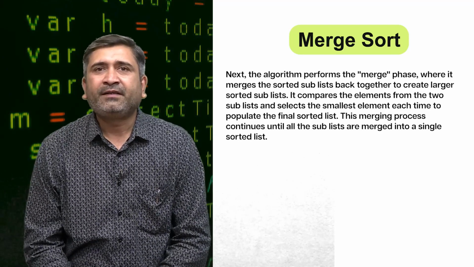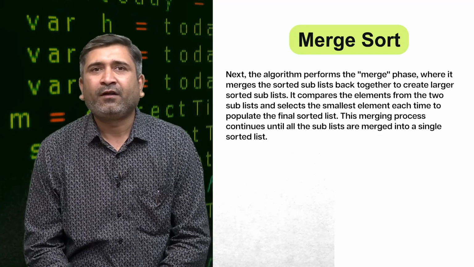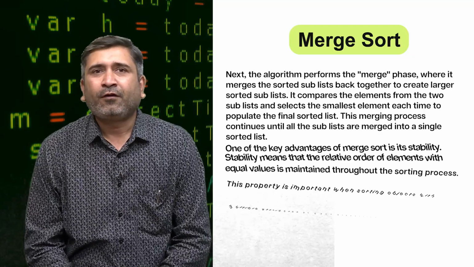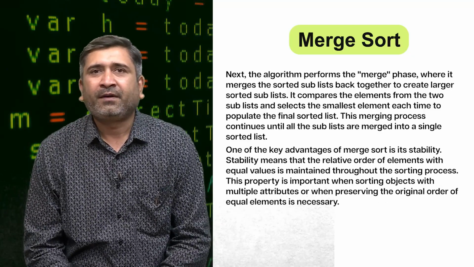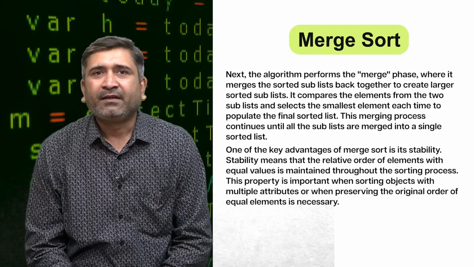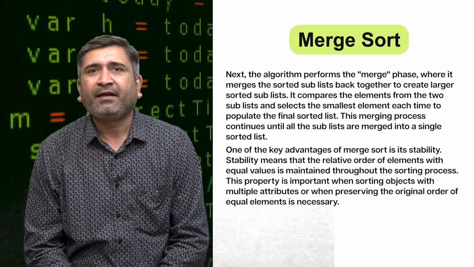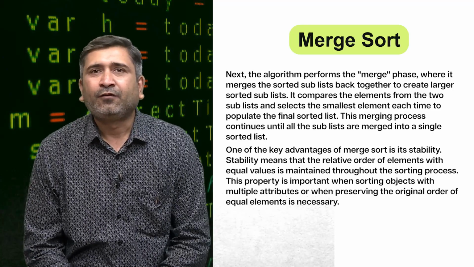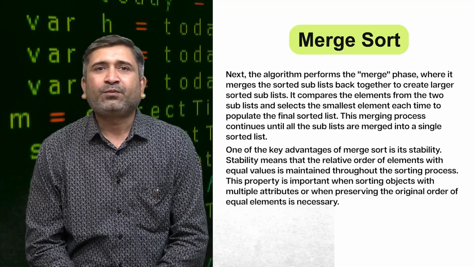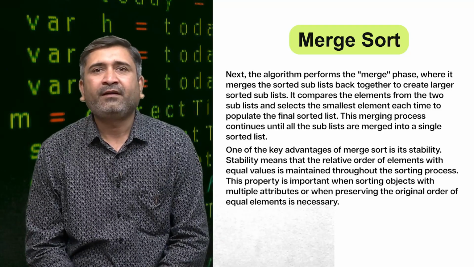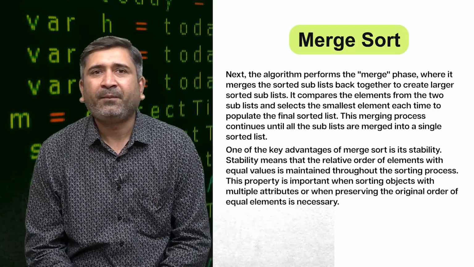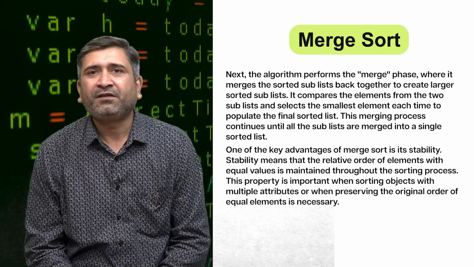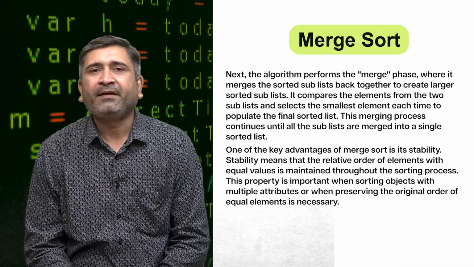The merging process continues until all the sublists are merged into a single sorted list. One of the key advantages of merge sort is stability. Stability means the relative order of elements with equal values is maintained throughout the sorting process. This property is important when sorting objects with multiple attributes, or when preserving the original order of equal elements is necessary.